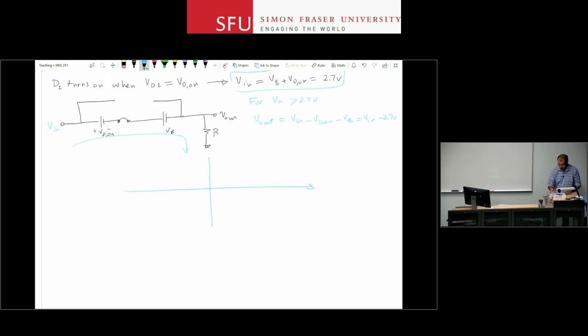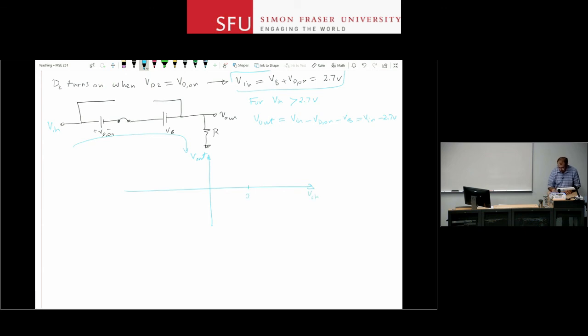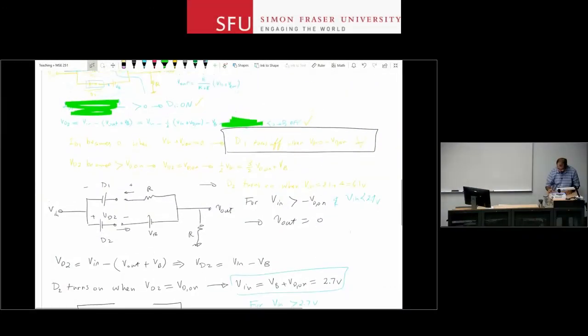If you plot V in versus V out, you have one breakpoint at 2.7 volts, one breakpoint at minus 0.7 volts. It's 0 between these two, and the slope is 1 afterwards. And what was it before?